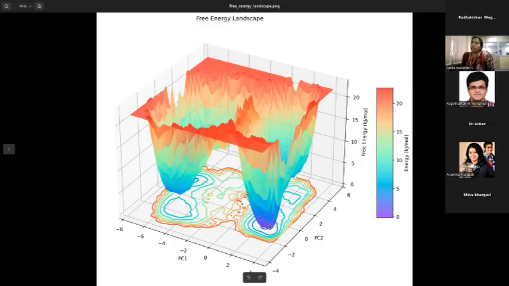Further, you can extract which conformation is present in this minimum. So that information can also be derived after generating this plot, and we can visualize and compare the two structures that are dominant in this protein. So these can be used to analyze. When we run the coarse grained simulation, these kinds of information can be easily analyzed because of the reduced size of the trajectory and lower computational power.